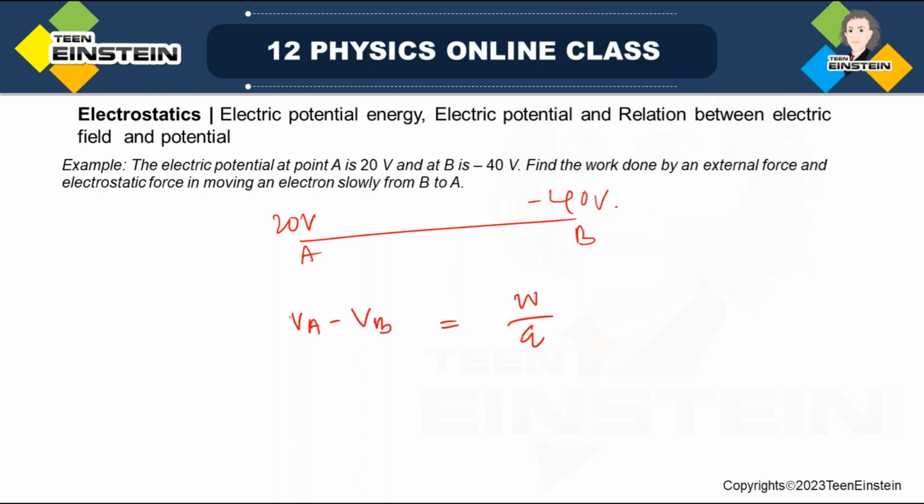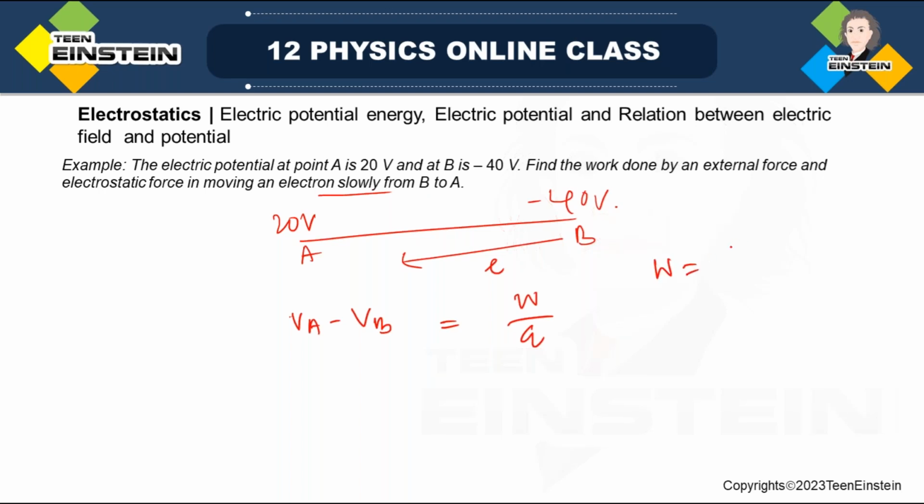One is the work done by the external force, and another is the work done by the electrostatic force in moving an electron from B to A. Here there are two potentials, so we take an external force moving an electron. The electron is carried from B to A.